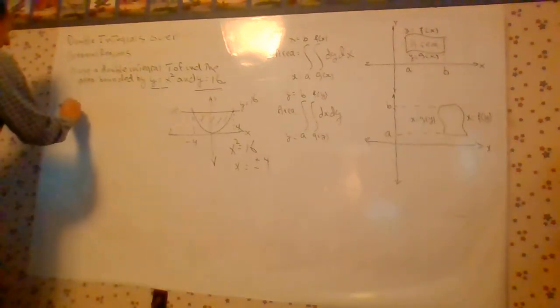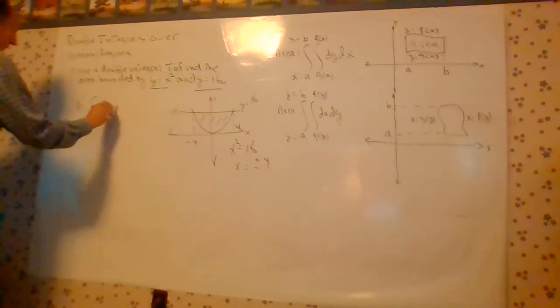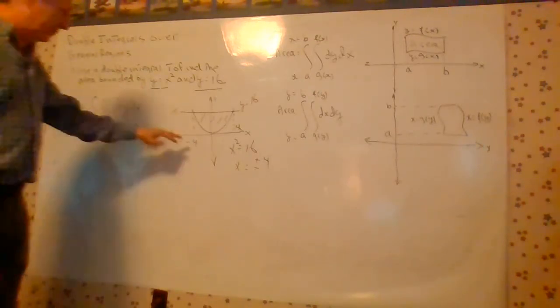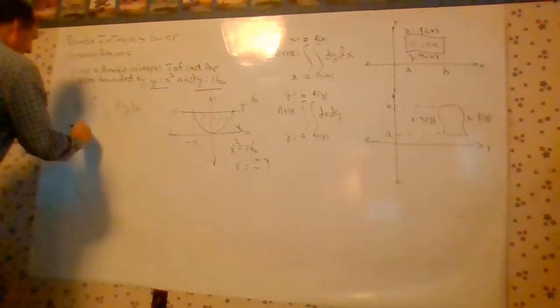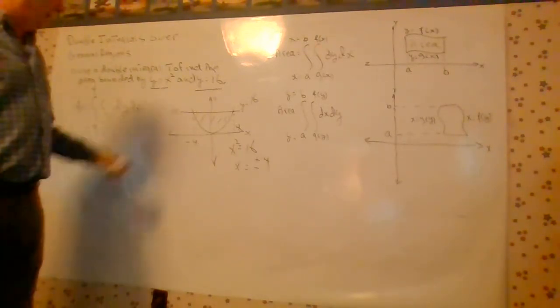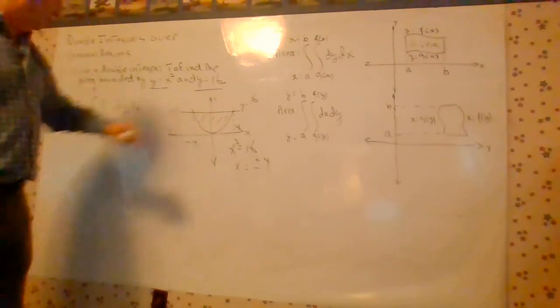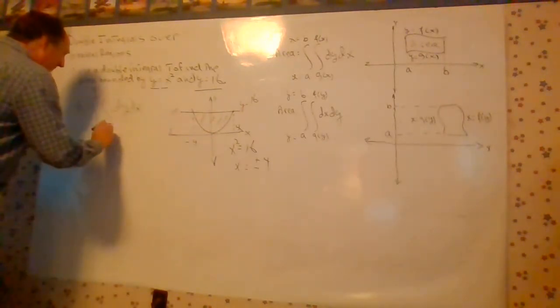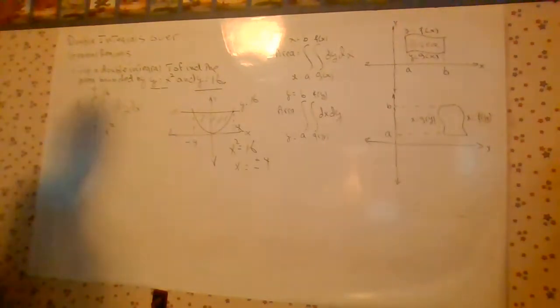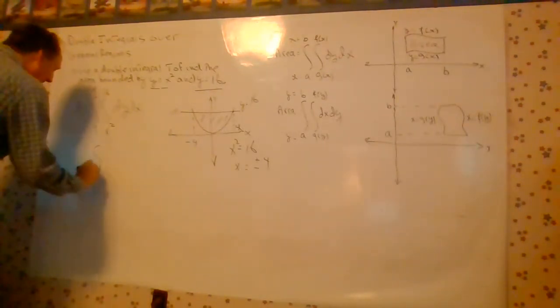So we're going to set up area as a double integral, dy dx. Again, x goes from negative 4 to 4. And then we want y to go from lower to upper. Lower is the parabola x squared, and the upper is y equals 16. So we can go ahead and evaluate that.